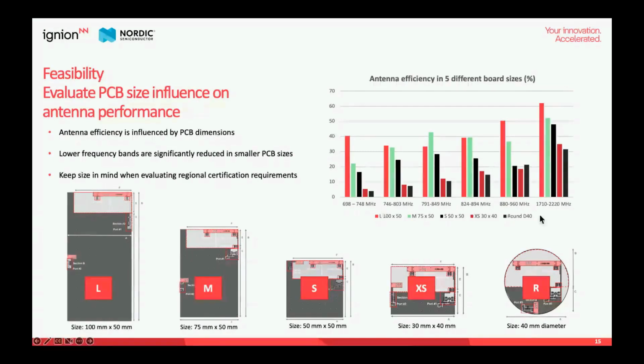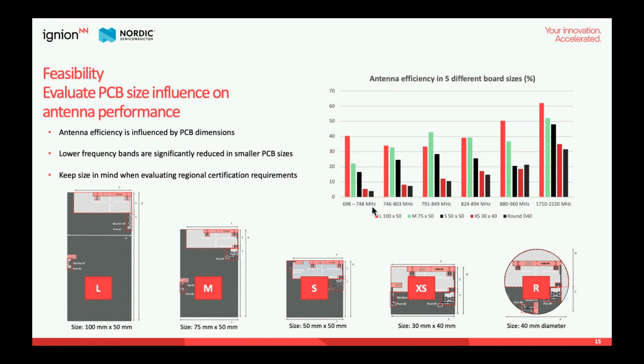The trend is quite clear: the shorter the PCB length, the less the efficiency you can get. Especially this is more critical in the low frequency bands of operation, around 600, 700, where you can see how the efficiency drops. And this data is very interesting because you can decide which PCB size you should have.